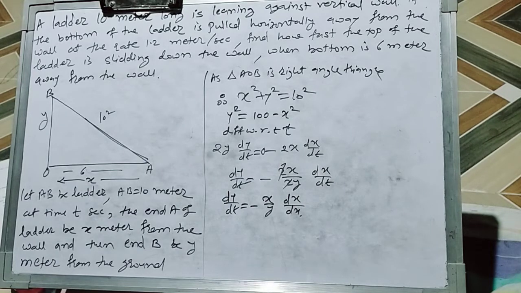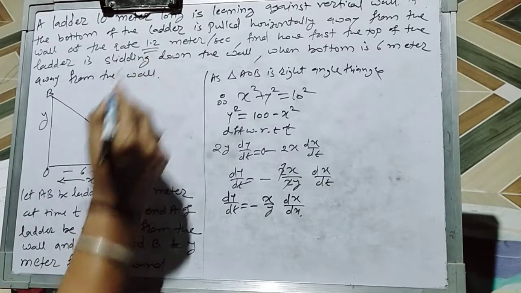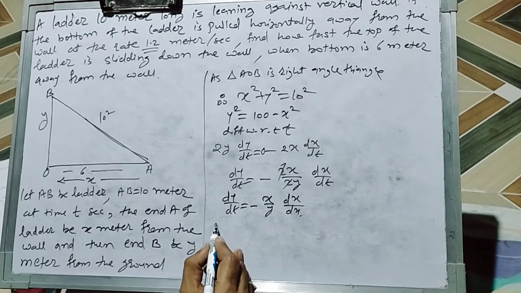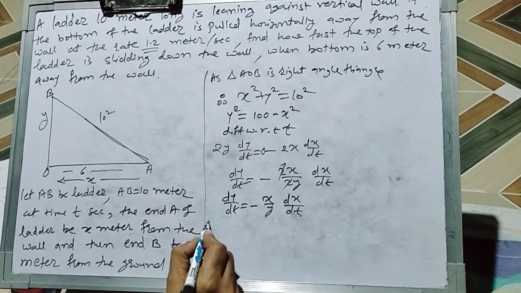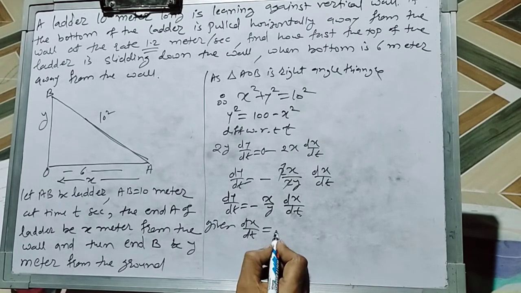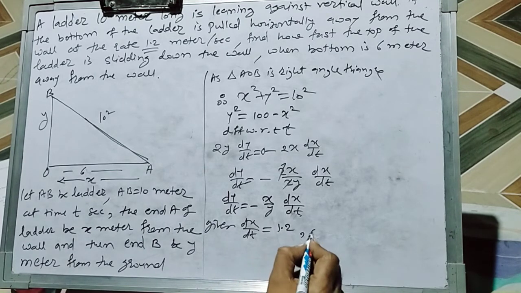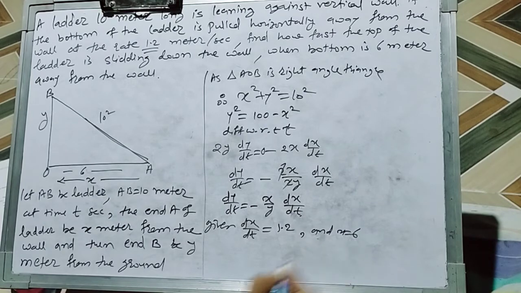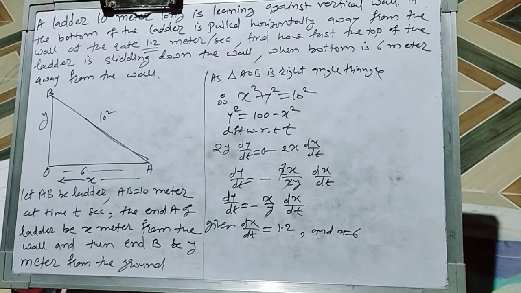Now here given dx by dt is equal to 1.2 meter per second and x is equal to 6. Now we find at x equal to 6 the value of y. So here y square is equal to 100 minus 6 square. So y square is equal to 100 minus 36.